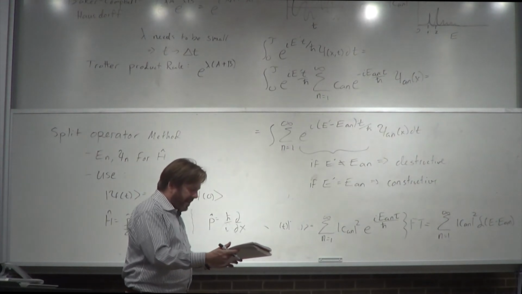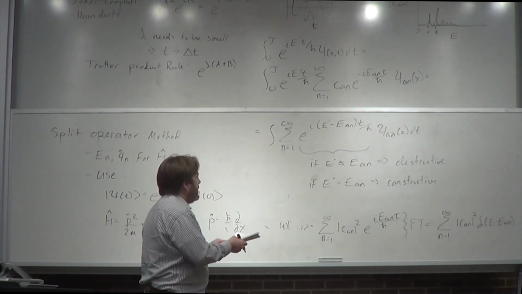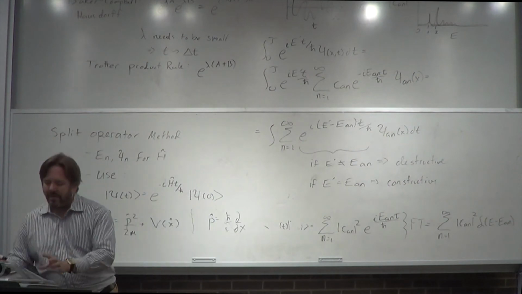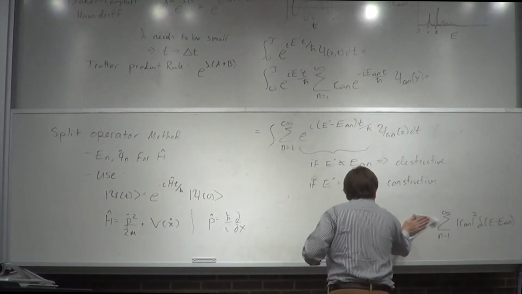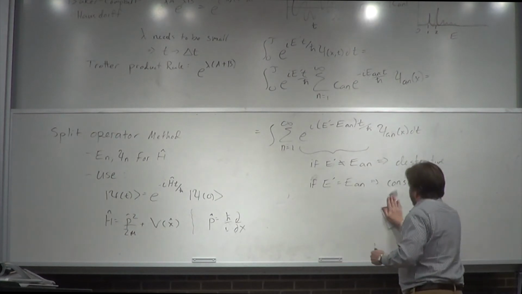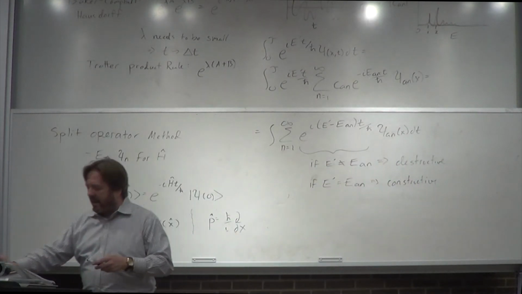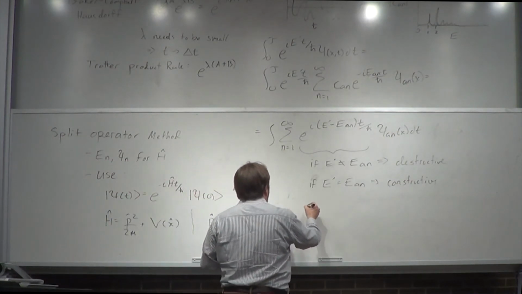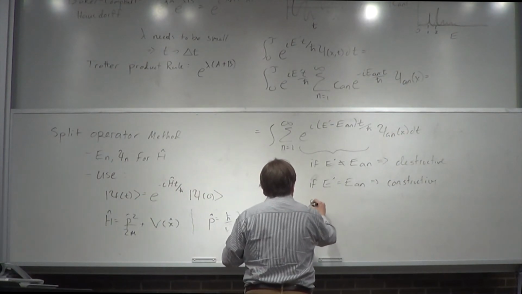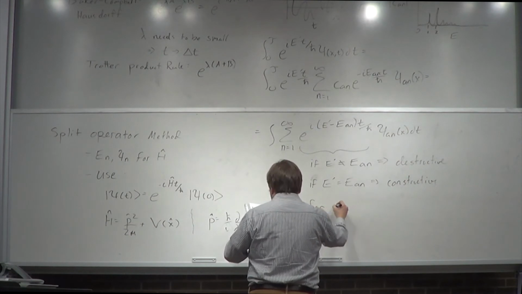Okay, and let me write down an algorithm. I want you to see how really easy this is. What you're going to have is a wave function, let's call it psi, evolving in time with the split operator method.